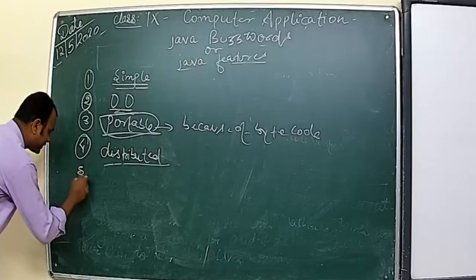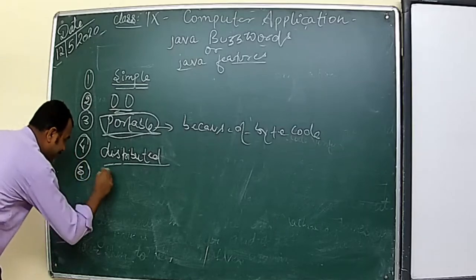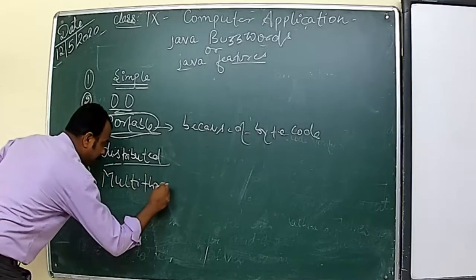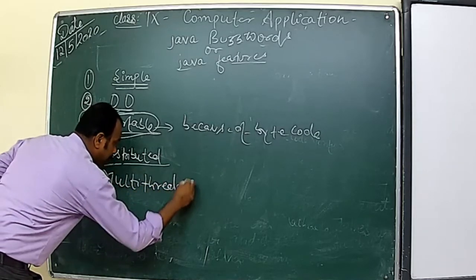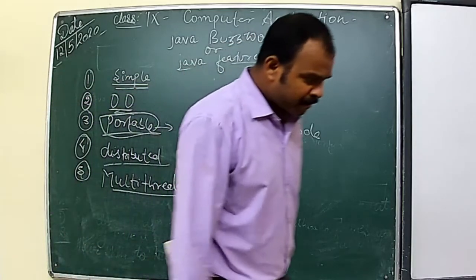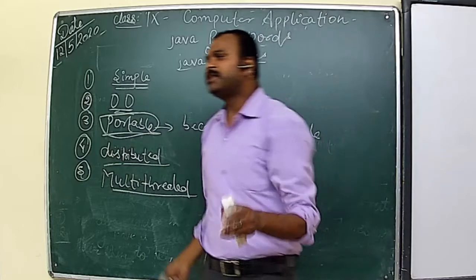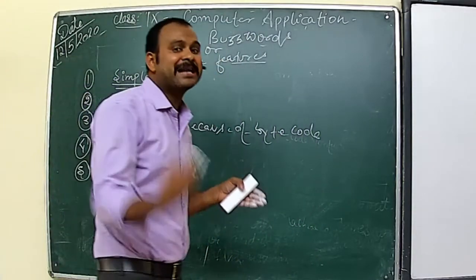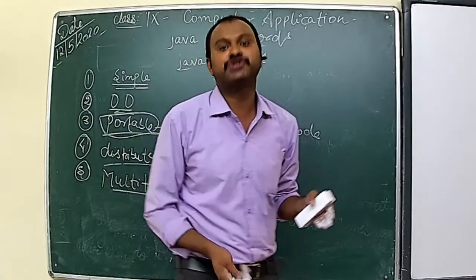The fifth one is multi-threaded. Multi-threaded means within a program, different parts can work simultaneously during execution.